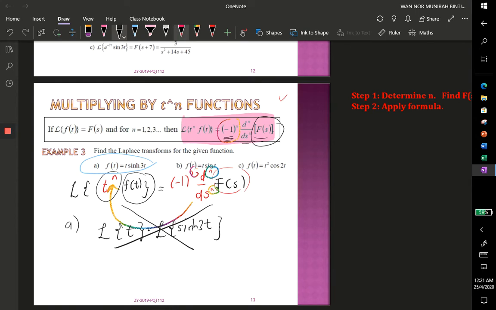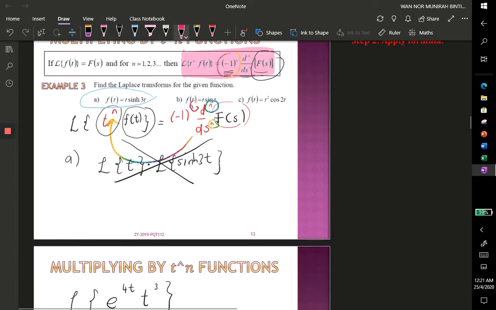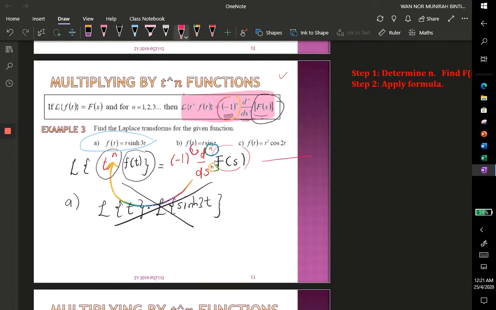If you compare to the definition just now, your t to the n is t to the power of 1, therefore n equals 1. So we can conclude that our f(t) is sinh 3t. Find the Laplace transform of sinh 3t first.